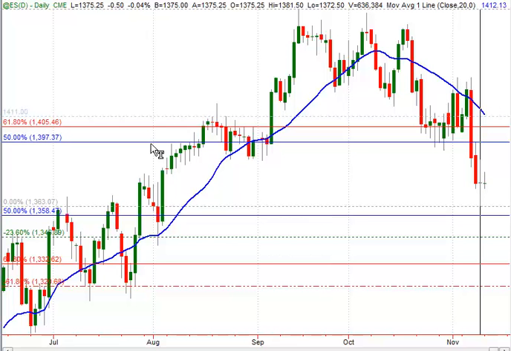Above this level we can actually resume and move higher, in which case the SP500 and the euro dollar will start moving in the same direction. We wouldn't have divergence between currencies and the S&P 500, and we could then, as said, resume and move higher in the stock indices as well.